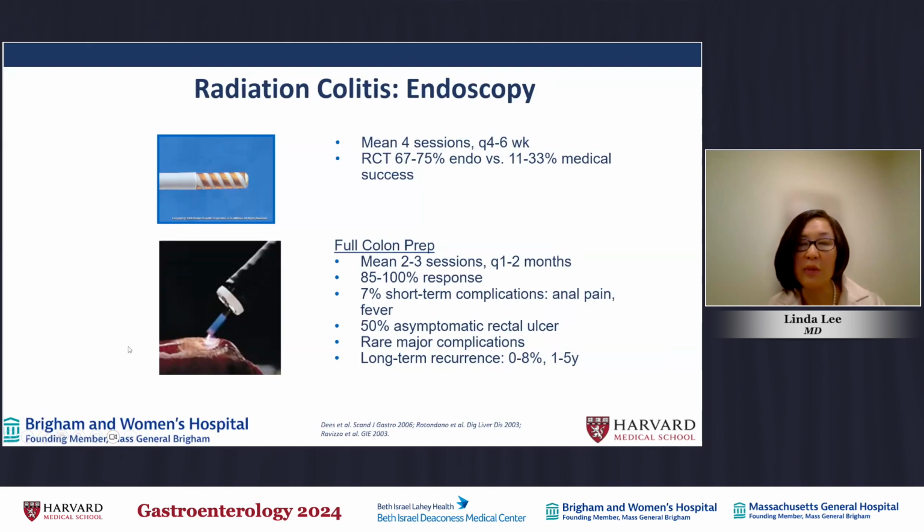However, the patient needs to undergo a full colonoscopy preparation, even though all you're doing is a sigmoidoscopy, to avoid perforation in these patients. And you do want to give them about a month or so break in between sessions to allow where you've done therapy to heal and the ulcer that you've created to heal.